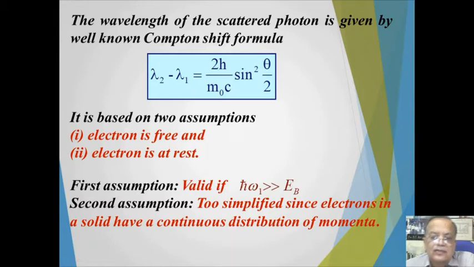It has certain momentum, and you cannot determine this momentum exactly because the uncertainty principle dictates that if you know the position, you don't know the momentum, and if you know the momentum, you don't know the position. Anyhow, the first assumption, that the electron is free, can be granted if the incident energy is much greater than the binding energy of the electron. But the second assumption is too simplified because the electrons have a continuous distribution of momenta.